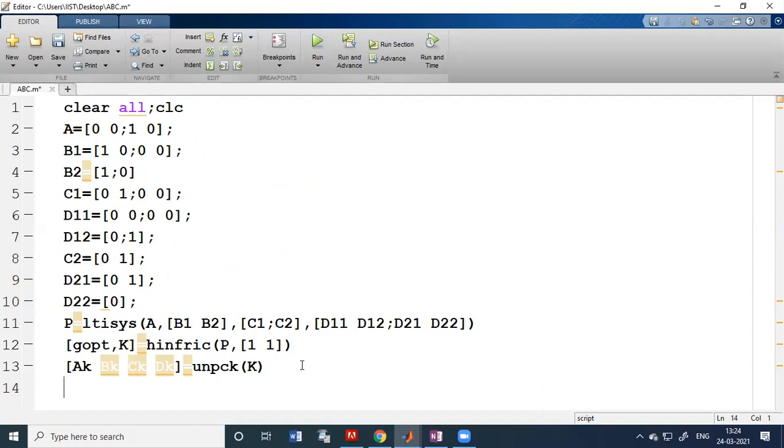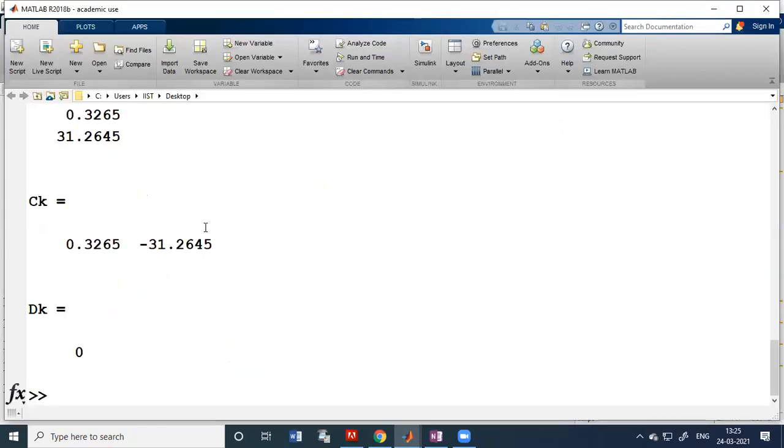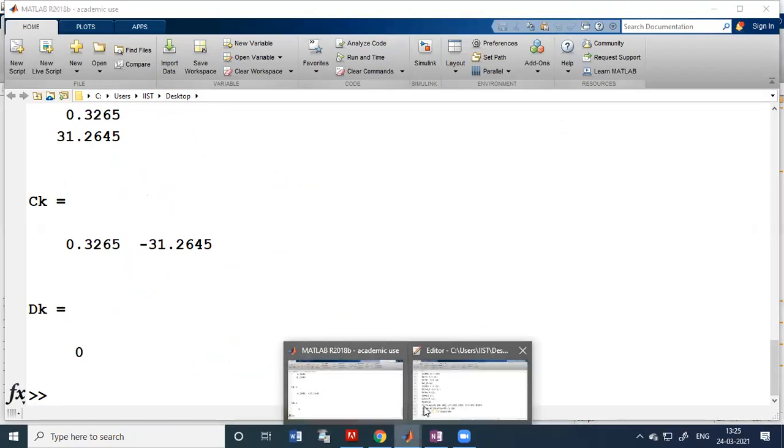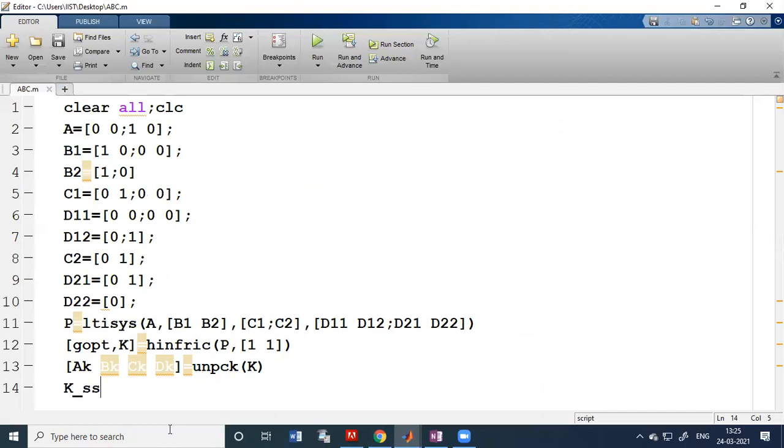We have AK, BK, CK, DK. So this should first be converted into state space form. That means K_SS equal to SS, state space of AK, comma BK, comma CK, comma DK.